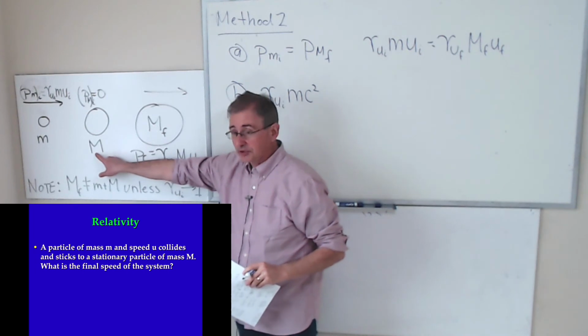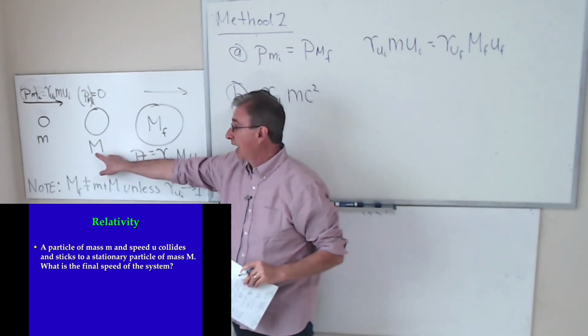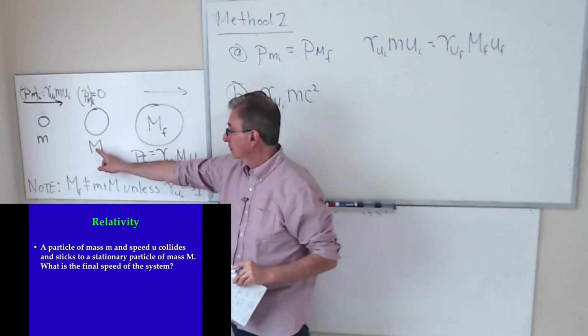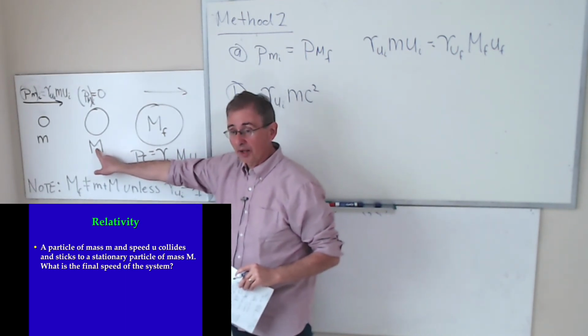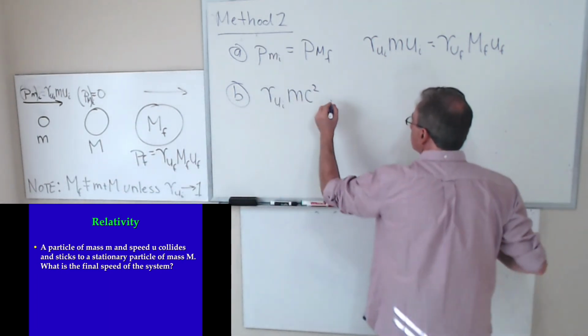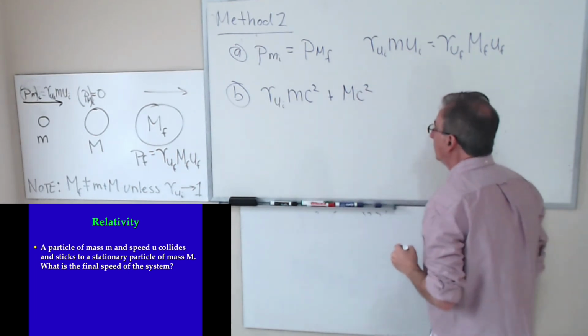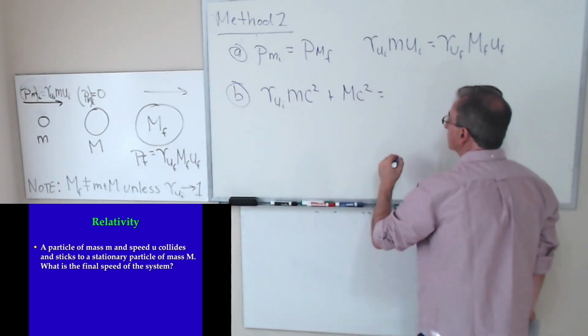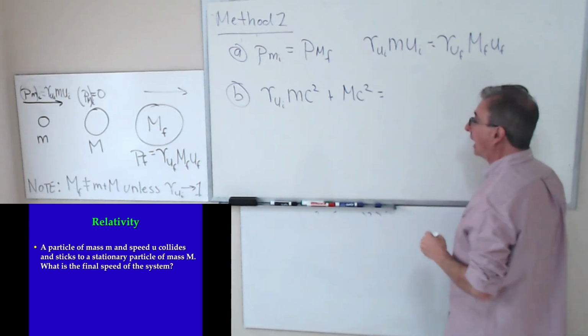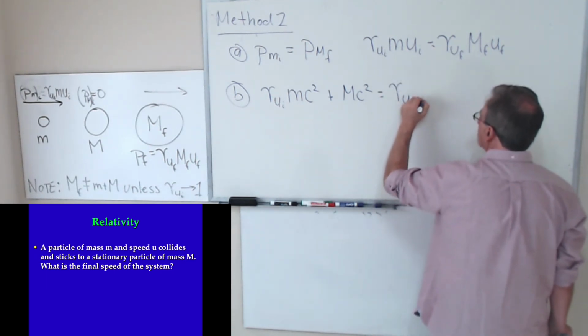Now, since the larger particle, big M, is initially at rest, the gamma associated with this particle is 1. It's at rest. So all I have is the rest energy. And that's got to be equal to the total energy of our composite particle after the collision.